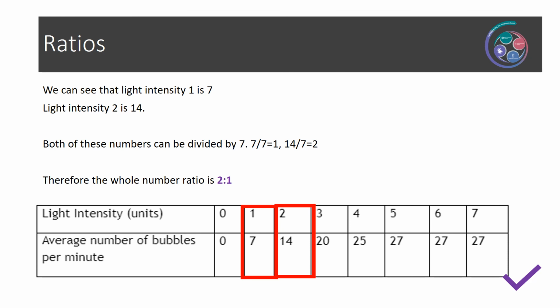Both of these numbers can be divided by 7. So 7 divided by 7 equals 1 and 14 divided by 7 equals 2. So therefore our whole number ratio is 2 to 1. For every 2 bubbles in number 2, there is 1 bubble in number 1. Nice and easy. That's our answer figured out for that question.